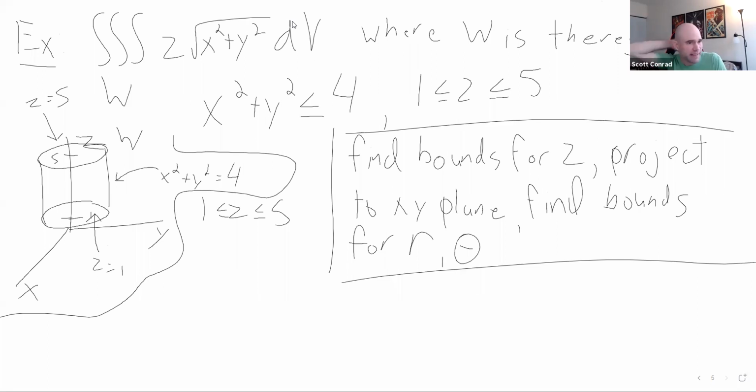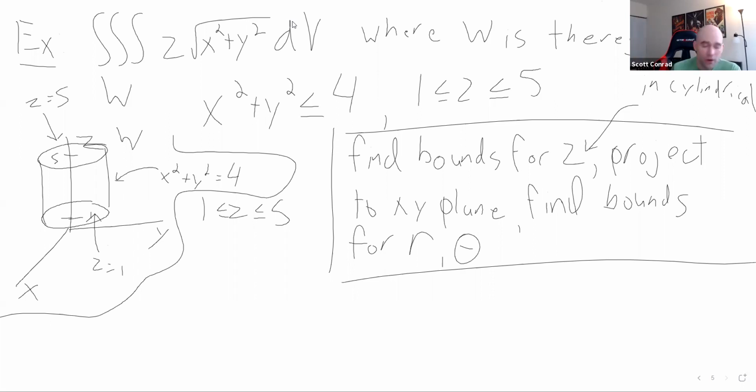If, say, z were bounded above by z equals x, like some slanted plane, then we would have to change that to cylindrical coordinates. You can't have x in your bounds because x is not a variable in cylindrical coordinates. So x would have to become r cos theta. So you need to change the equation to cylindrical if necessary, but in this case, we don't need to because they're just numbers.